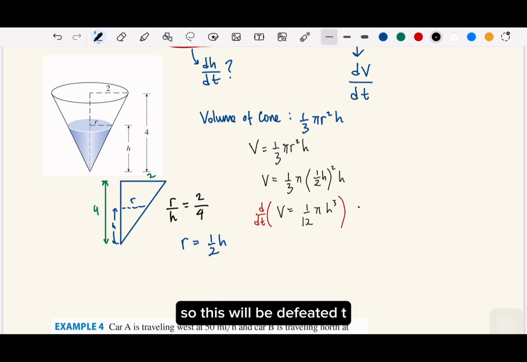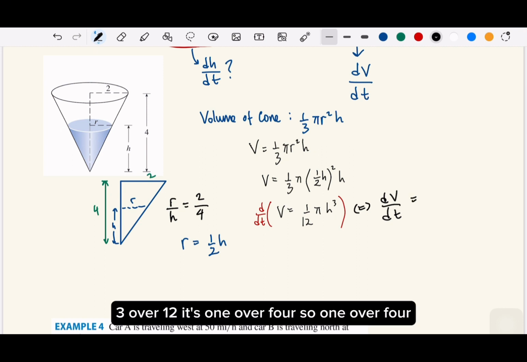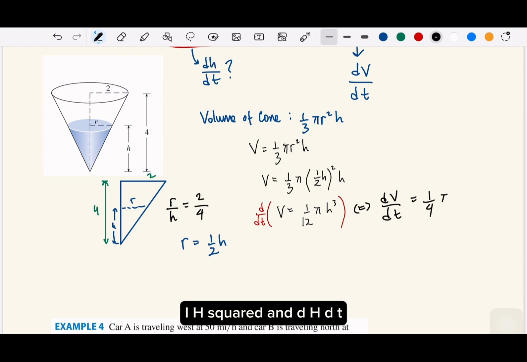So this will be dV/dt equals 3/12, which is 1/4, so 1/4 pi H squared times dH/dt.